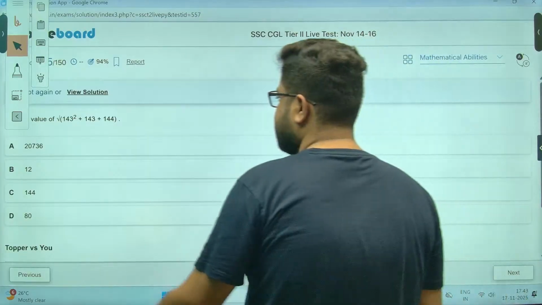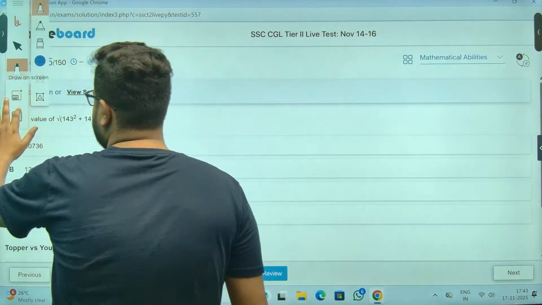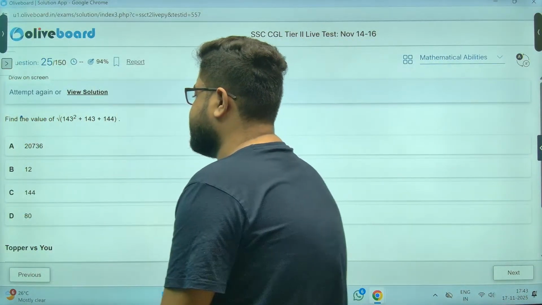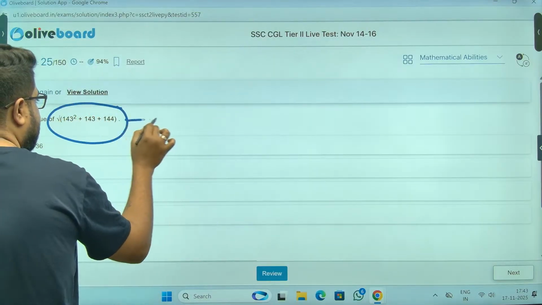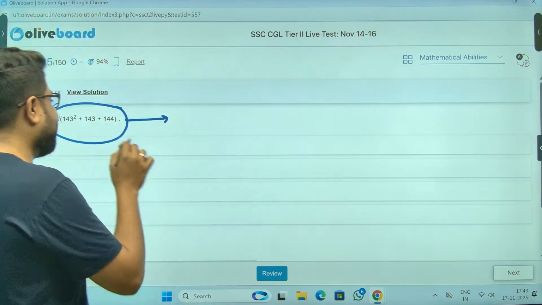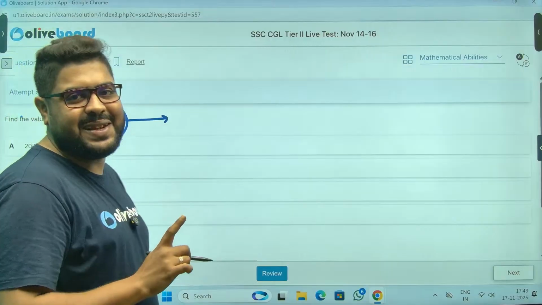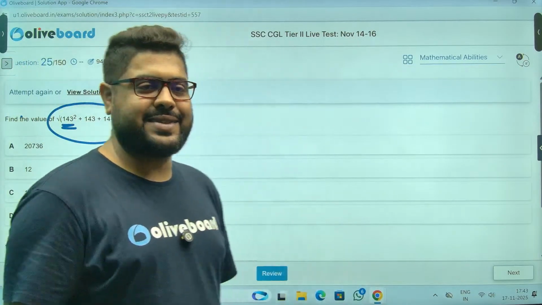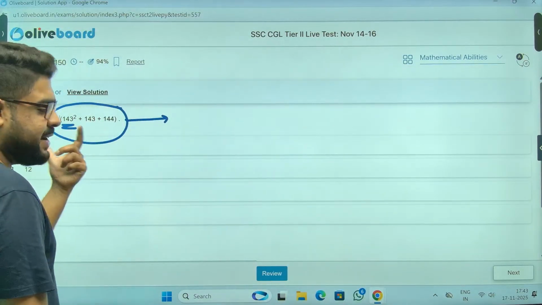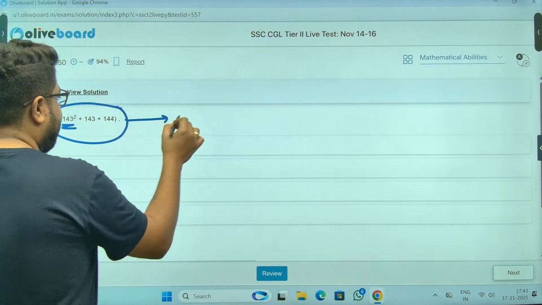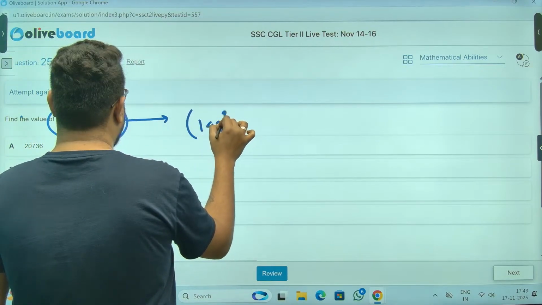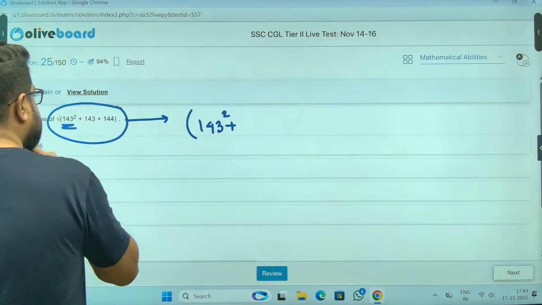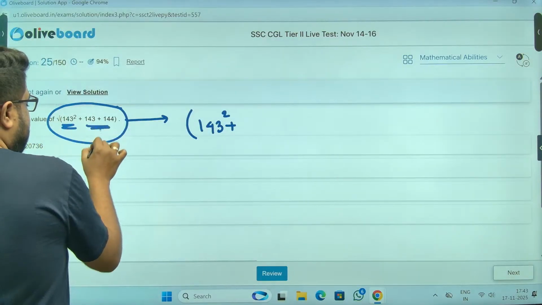Again, next one, sir. Value of this, again, achha. Nobody should try to do this. ये मत करते चलना. 143 का स्क्वायर निकालते सर. It's an algebra question, very very evident. Sir, out of these two, let's do one thing.